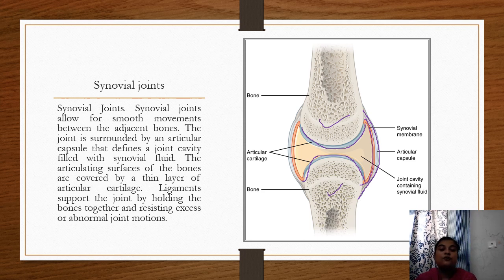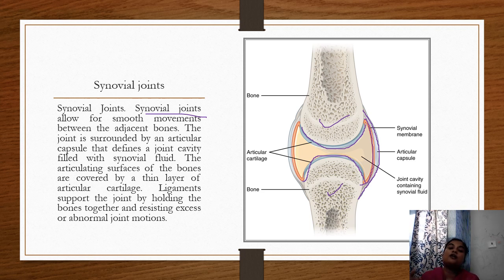The synovial joints allow smooth movement in the synovial cavity and in the bones. In your lower classes you have learnt about many joints like the pivot joint, the ball and socket joint, and the hinge joint. Each of these joints has different functions. Suppose the hinge joint is present in your elbow and knee.